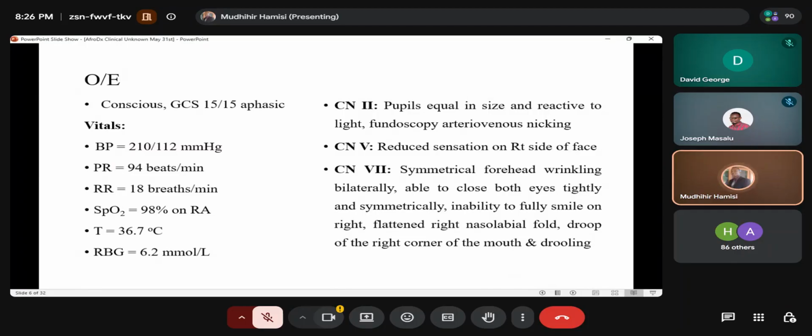For cranial nerve number 5, we found reduced sensation on the right side of the face, the other side being normal. And cranial nerve number 7, the facial nerve: symmetrical forehead wrinkling bilaterally, able to close both eyes tightly and symmetrically, a bit of a full smile on the right, and he had a flattened left nasolabial fold, droop of the left corner of the mouth, and drooling.